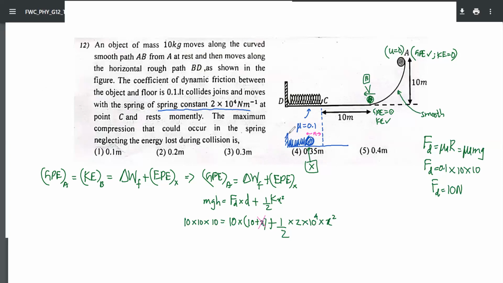Compared to 10, those values are very small. 10 is 100 times larger than 0.1. So 10 plus x is almost equal to what? 10. So we can ignore x. So within bracket, I'll put this: 10 plus x is almost equal to 10, because x is very small.